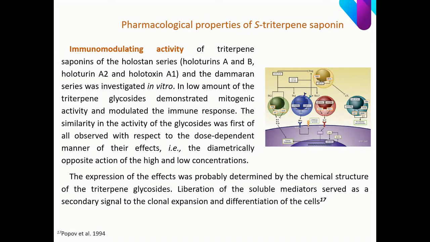The expression of the effects was probably determined by the chemical structure of the triterpene glycosides. Liberation of soluble mediators served as a secondary signal for clonal expansion and differentiation of the cells.